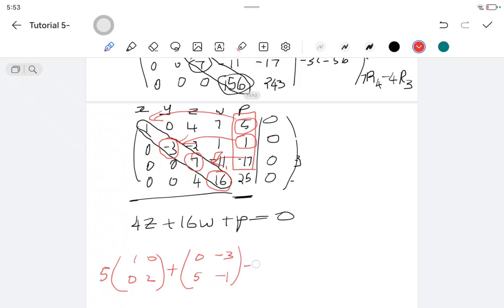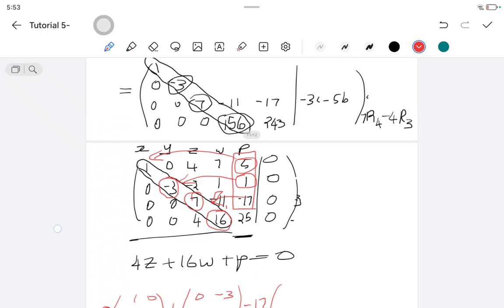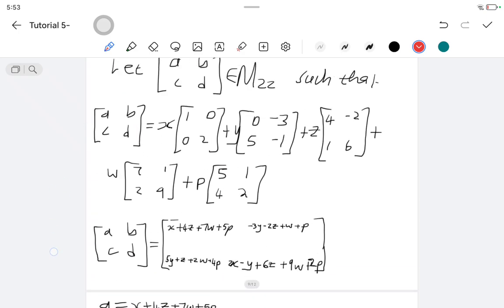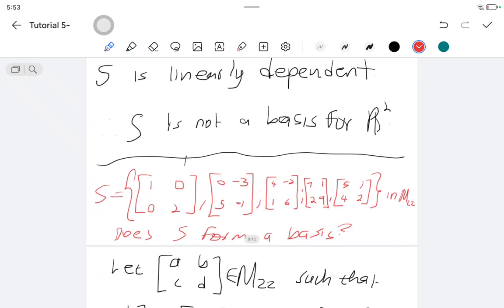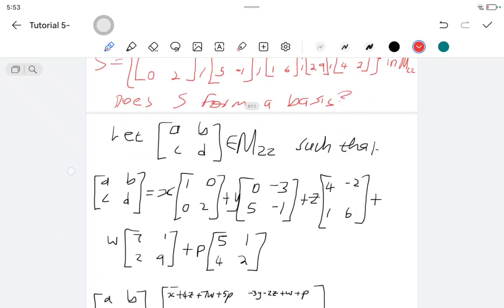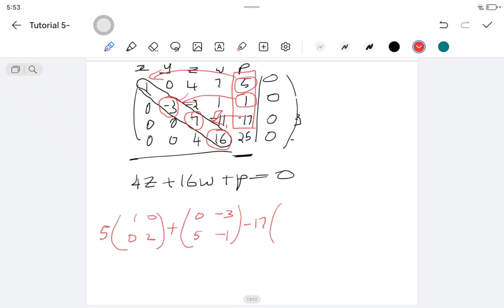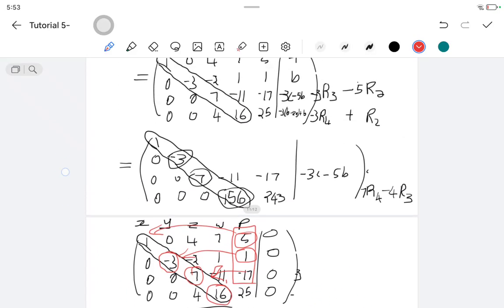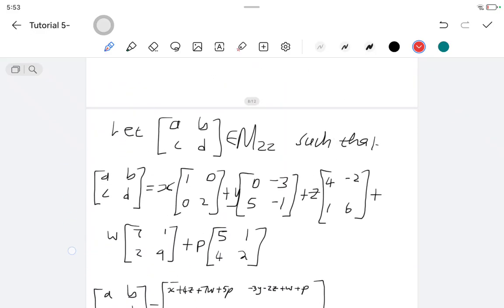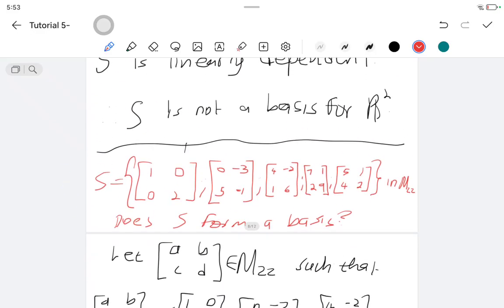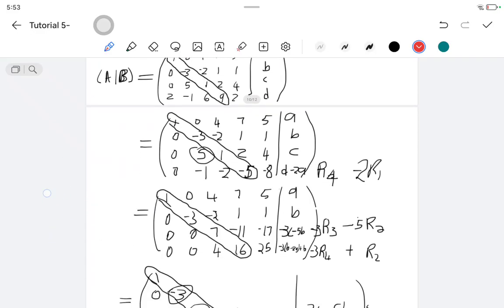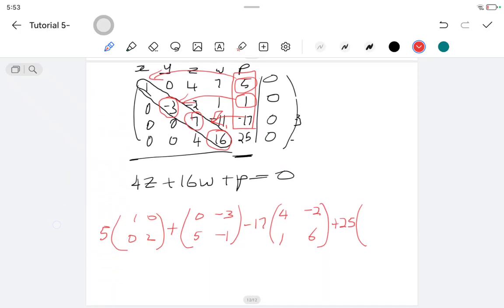Then the third constant is minus 17. The third one is 4, minus 2, 16. Then the last one is 25 multiplied by the fourth vector, 7, 1, 2, 9.